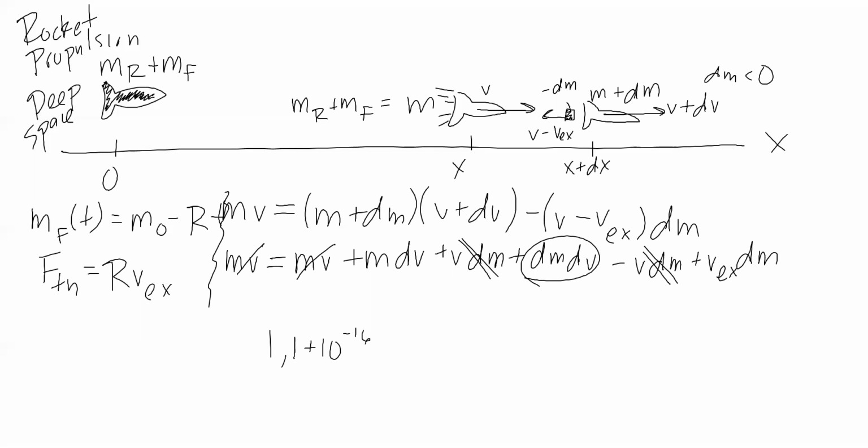Then the next number is 1 plus 2 times 10 to the negative 16. That's called floating point numbers.